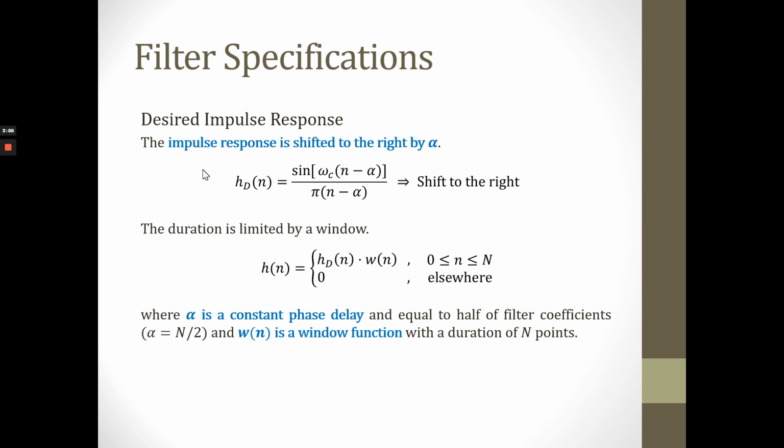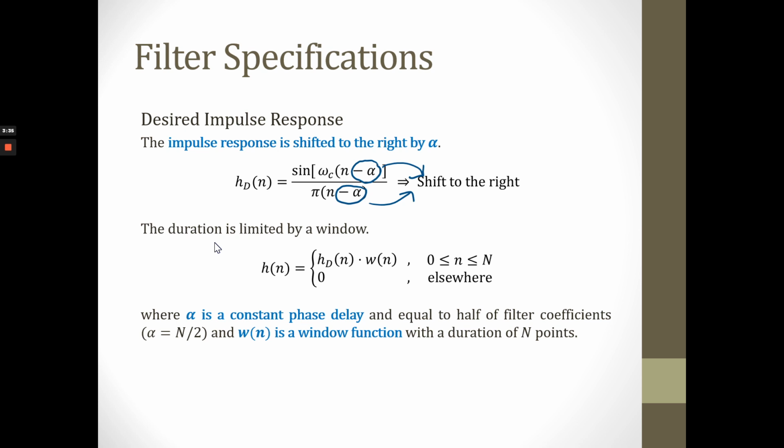For the design impulse response, we need the impulse response to be shifted to the right by alpha. So the impulse response h_d, the desired impulse response, is equal to sin(ωc(n minus alpha)) divided by π(n minus alpha), where this one is shifted to the right.